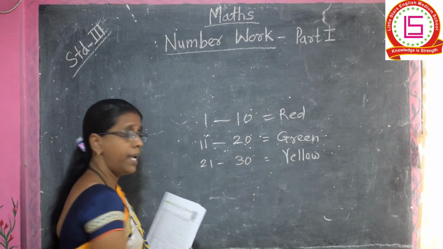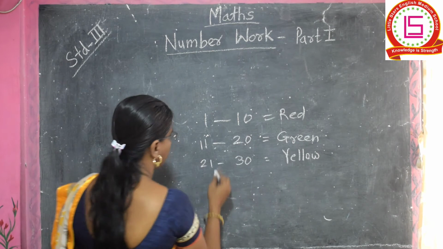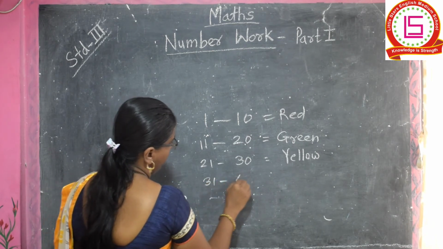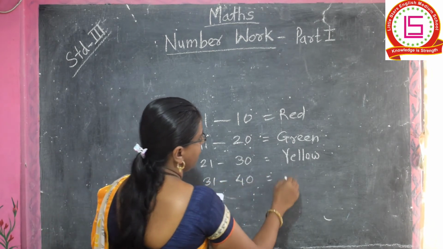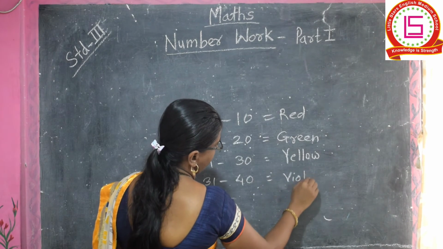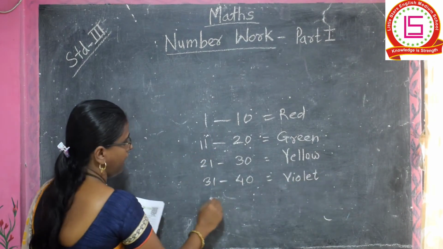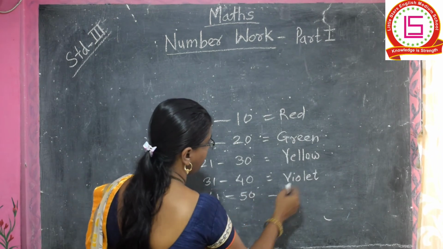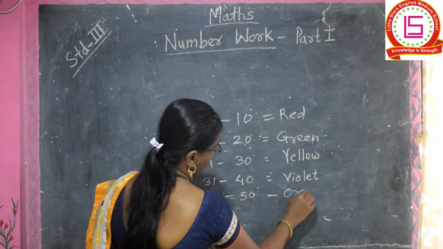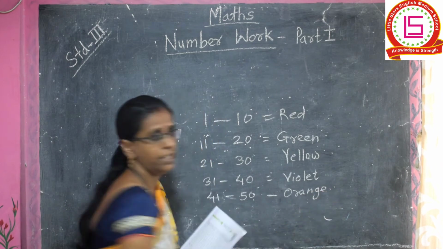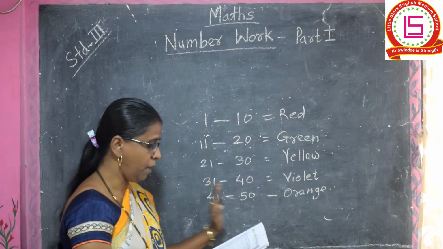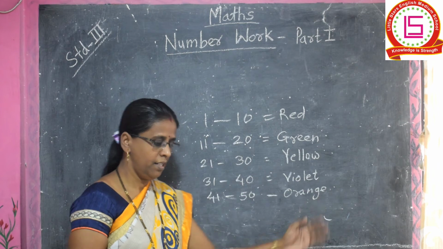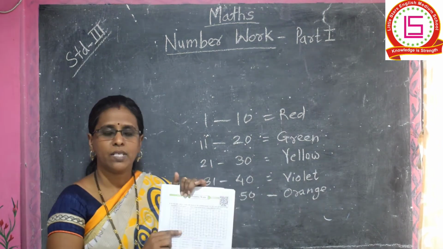You may use any other color here. 31 to 40 violet color, then 41 to 50 orange color. Like this you color the boxes up to 100. Color these boxes at home.